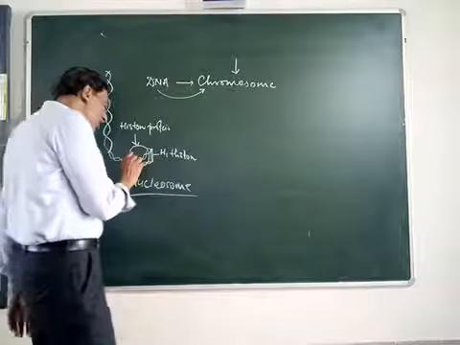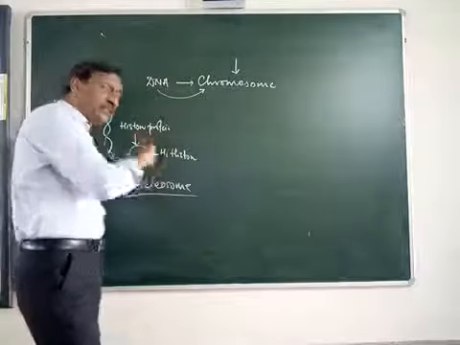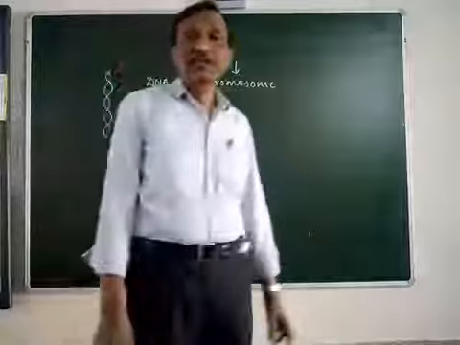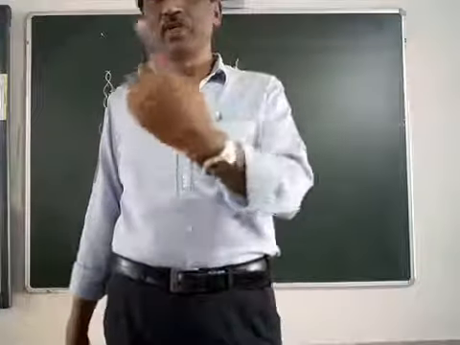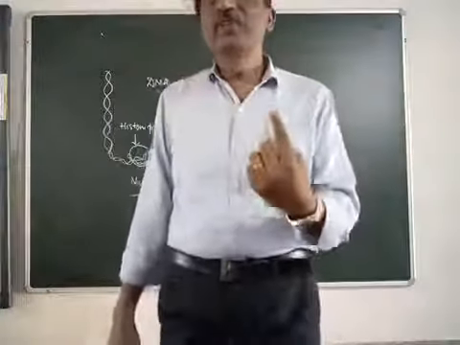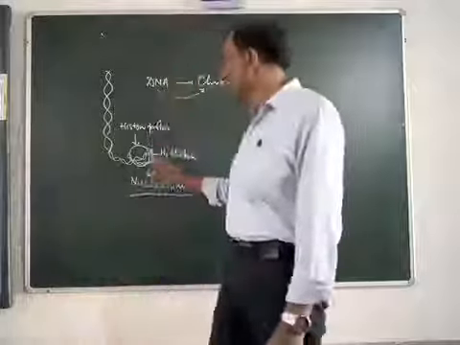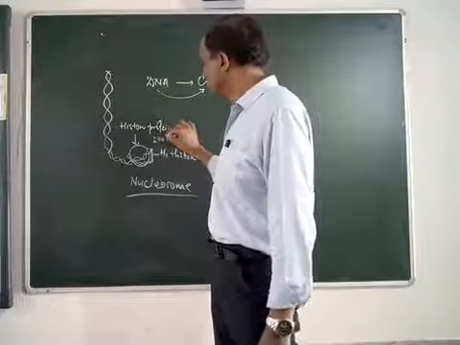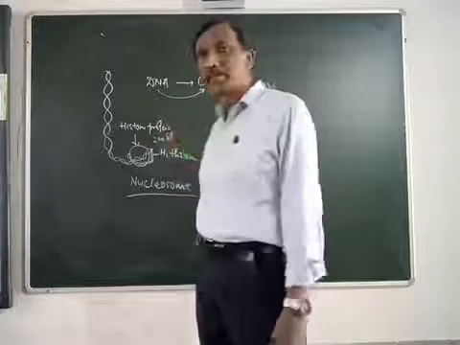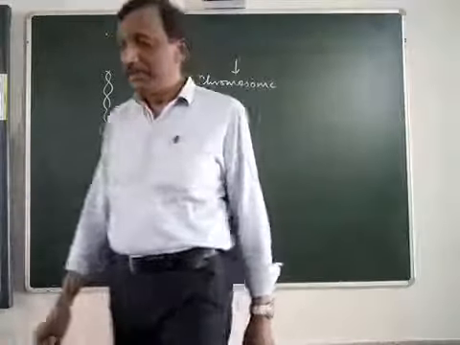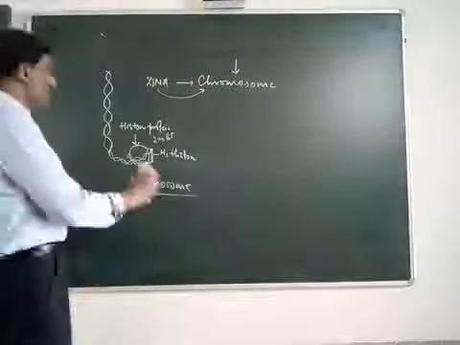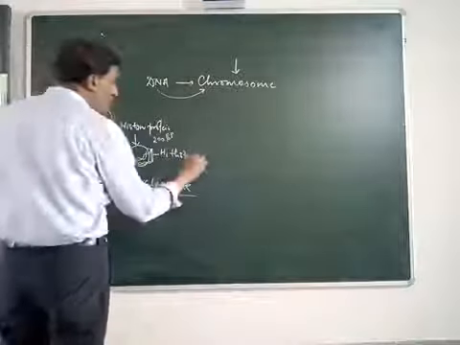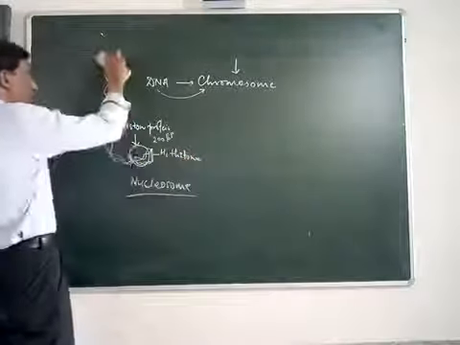It is also noted that the core of the histone octamer, around which the DNA is encircled, uses 200 base pairs. So this is a histone molecule, and now we shall go ahead.